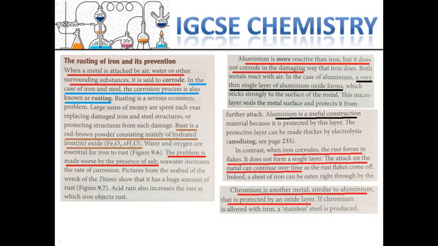Rust is a red brown powder consisting mainly of hydrated iron oxide. The chemical formula is Fe2O3 with some molecules of water also.